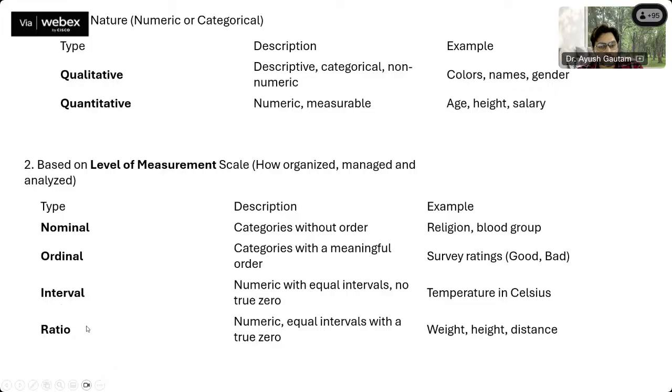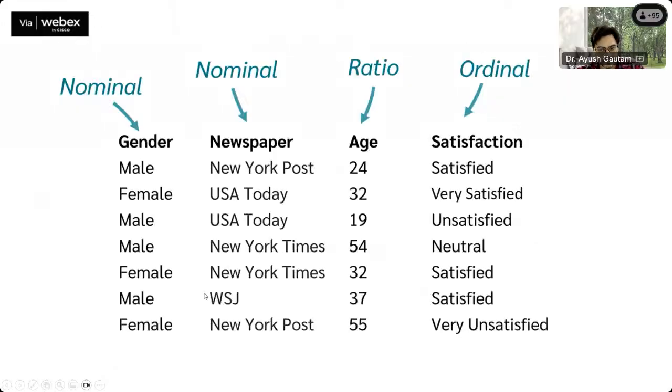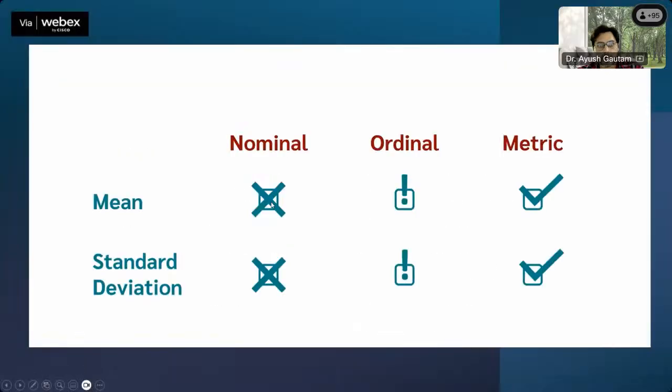So interval and ratio together are called metric data. Now what is the difference between interval data and ratio data? We'll discuss that down the line. But this is the categorical data and this is the metric data. And what is the difference? The difference is that in metric data, meaning interval or ratio data, we can apply the mean and we can calculate the standard deviation.